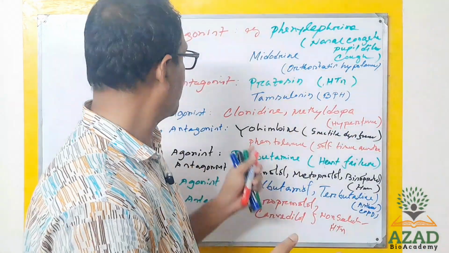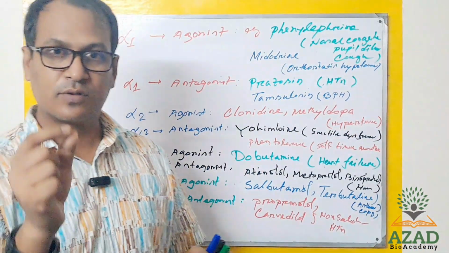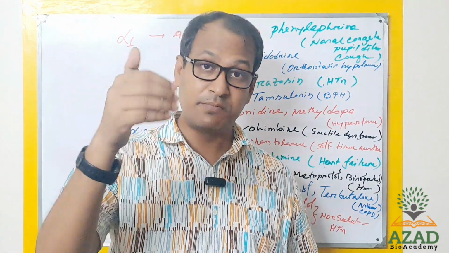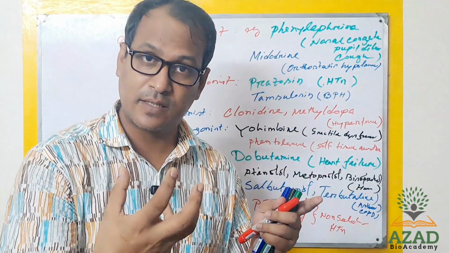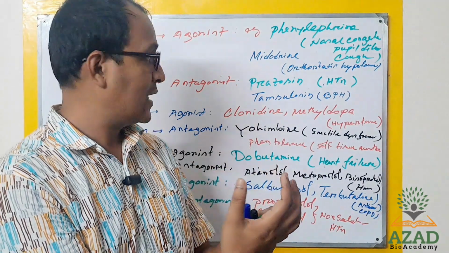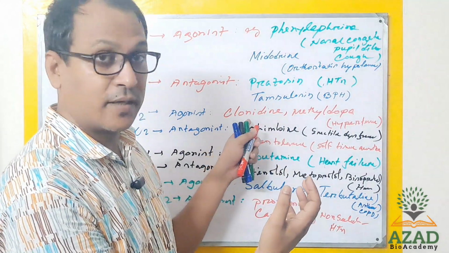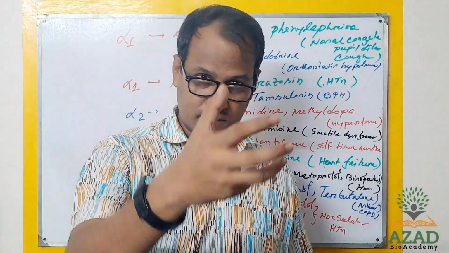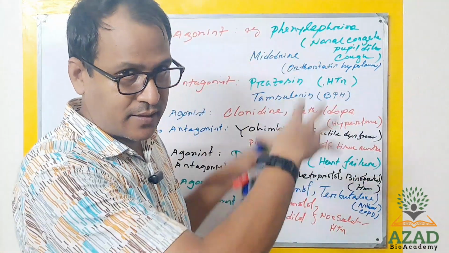The alpha 2 is basically a Gi receptor, so the inhibitory G protein is connected with the receptor, and those receptors are on the nerve endings. I already explained that.